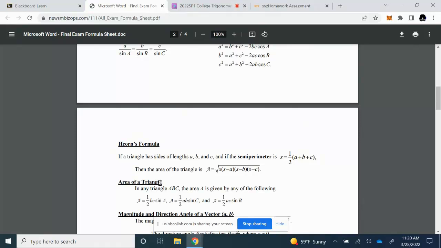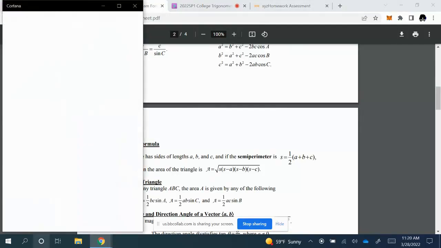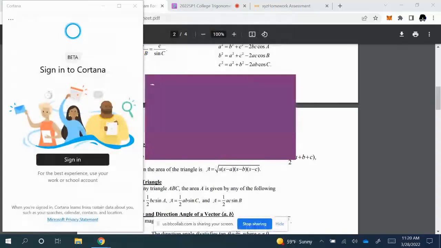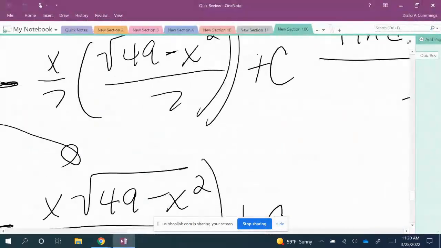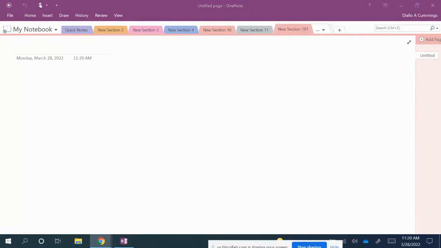I'm going to pull up OneNote and flip my screen around. We're going to take a look at the law of cosines.